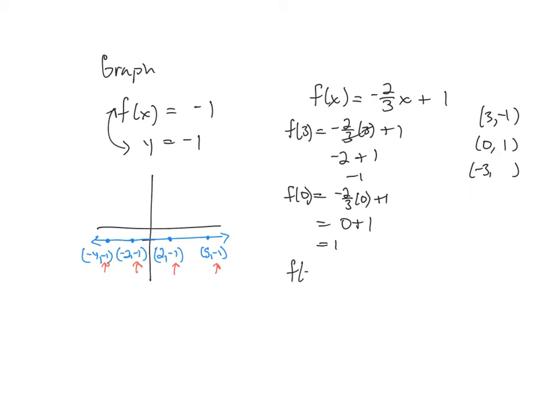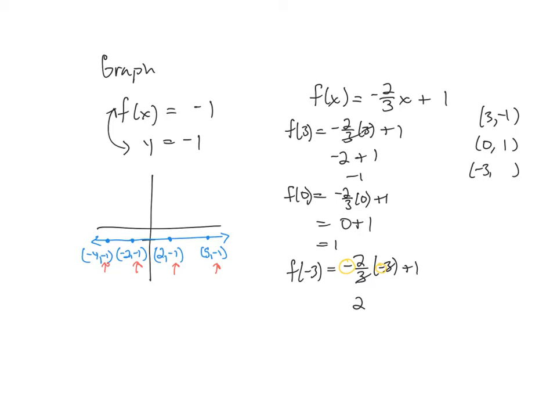And then negative 3, you've got to be a little bit careful on this one because the 3's do reduce, but we can't forget that I have a negative sign here and a negative sign here. So a negative and negative makes a positive 2.